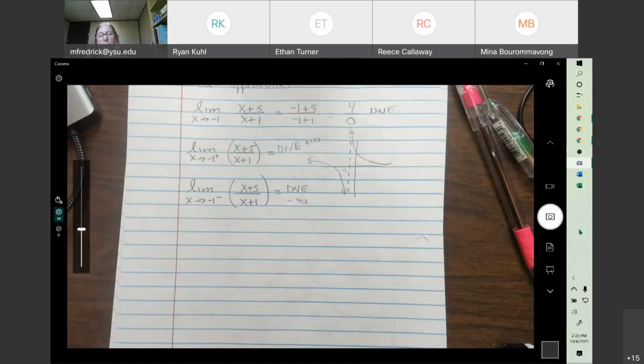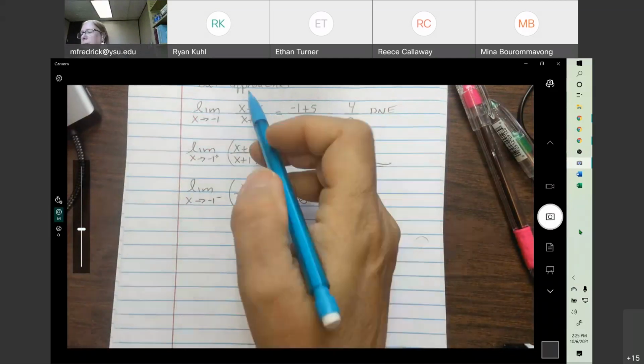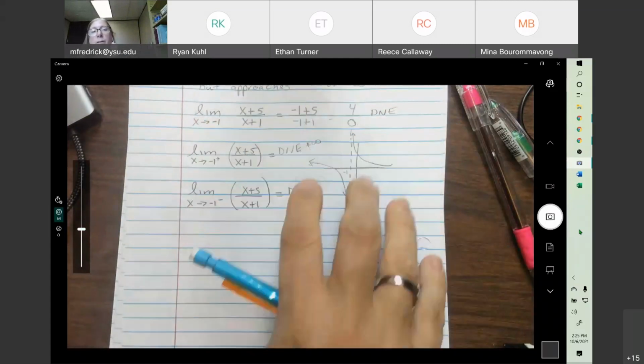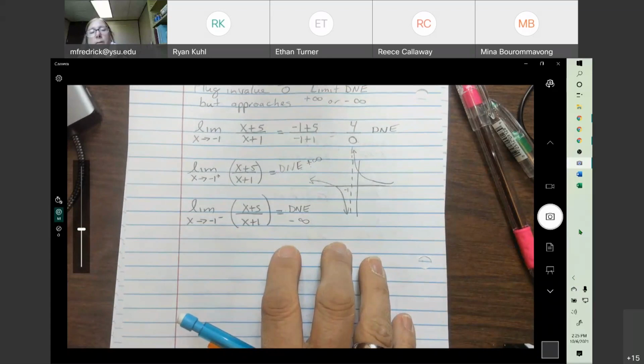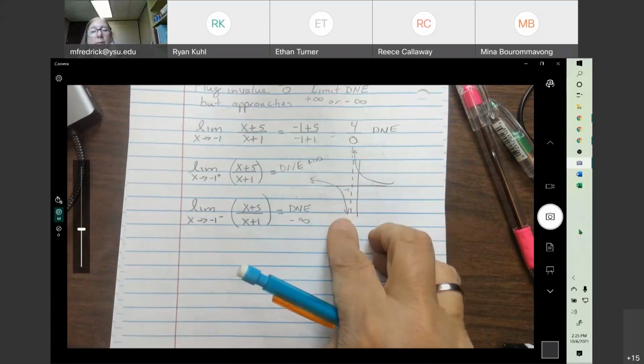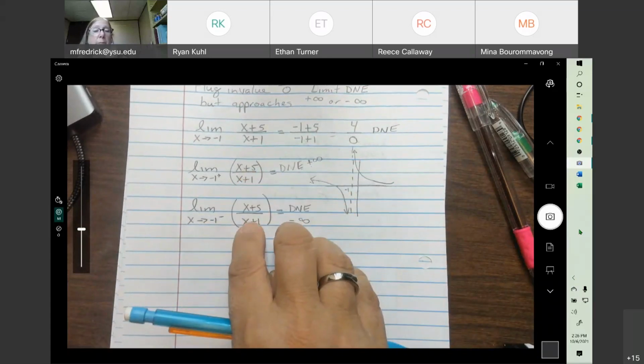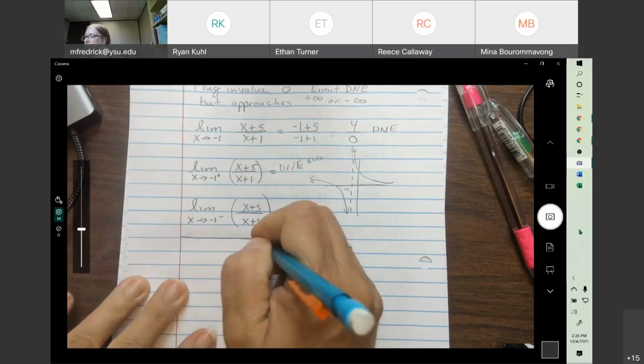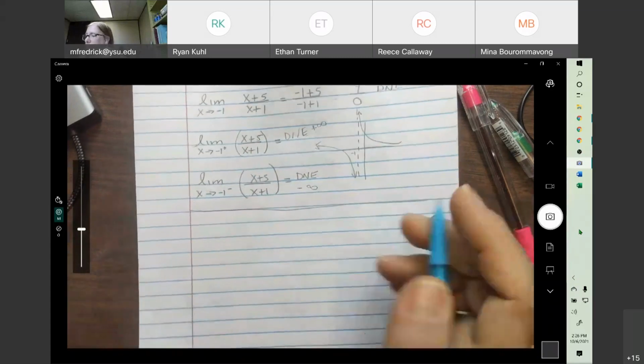The next type of limits, instead of plugging in values, we have limits to infinity. But are there any questions on this one? So you can look at the graph or you can plug in values in the table. And all limits where you're plugging in numbers, you could use the table.